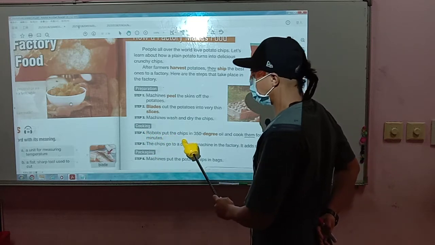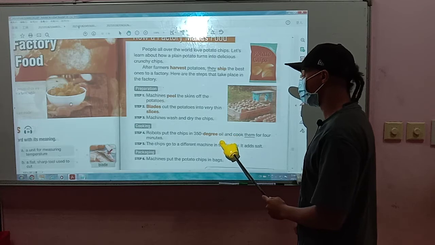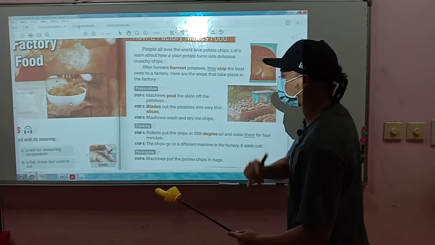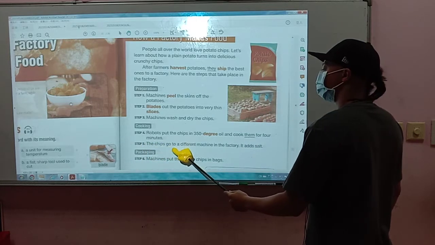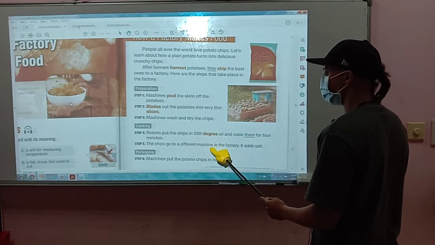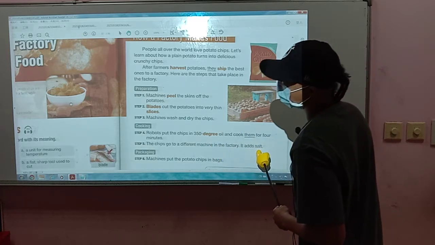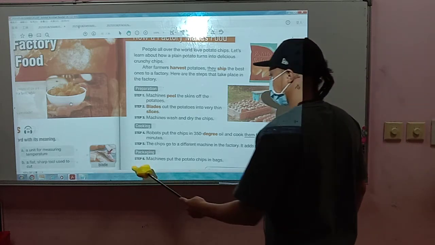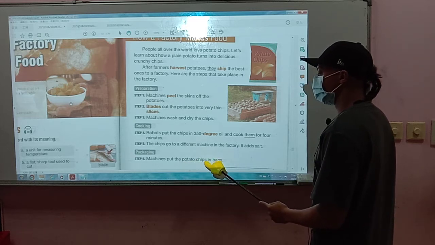Robots put the chips in 350-degree oil and cook them for 4 minutes. Step 5. The chips go to a different machine in the factory. It adds salt. Number 6. Machines put the potato chips in bags.